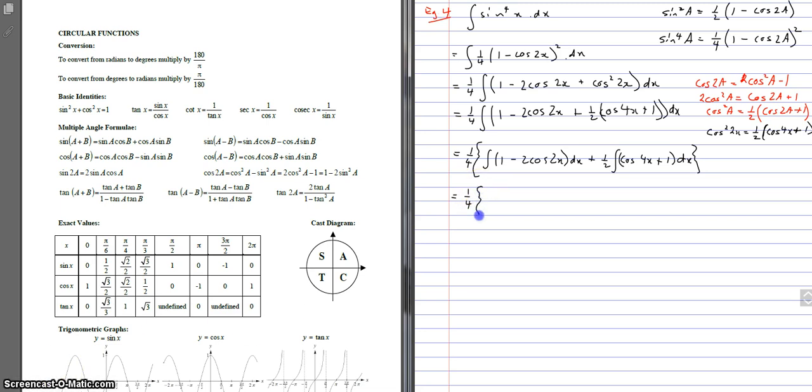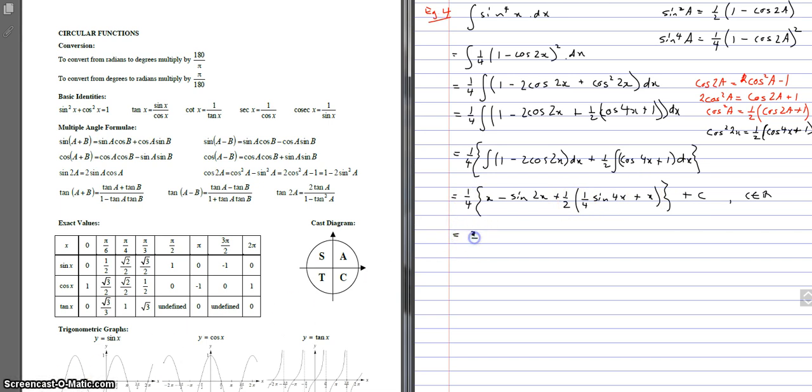To integrate that, that becomes x. This one will become minus sine 2x, and then over here we've got a 1/2, and then 1/4 sine 4x plus x.